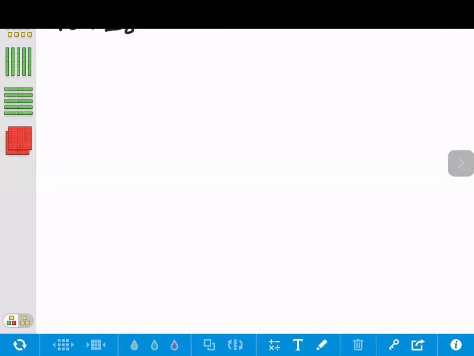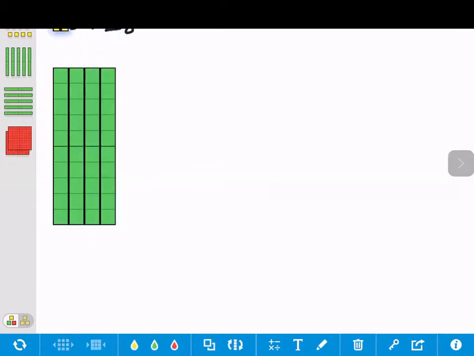So how do we do that using blocks? Our first number has 4 in the tens place, so we're going to get 4 tens, and then we're going to get 6 ones.